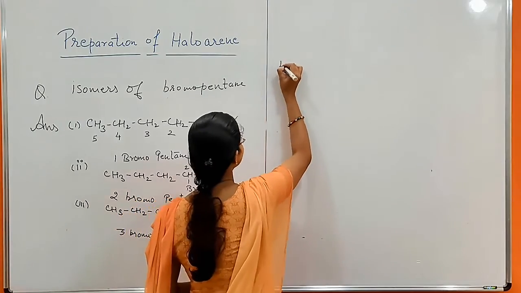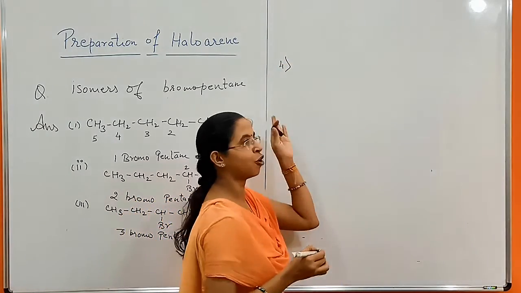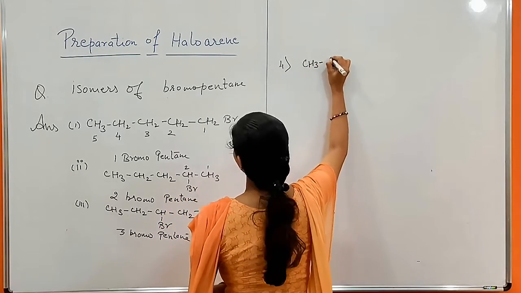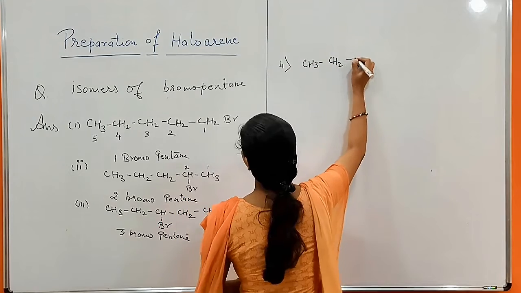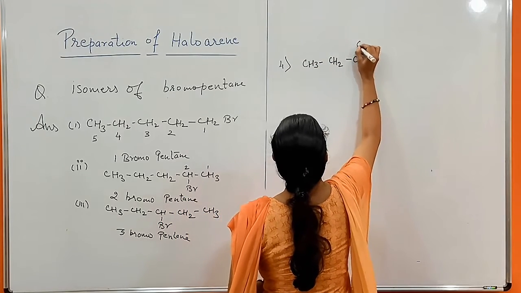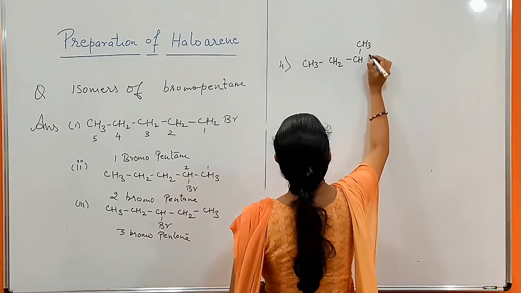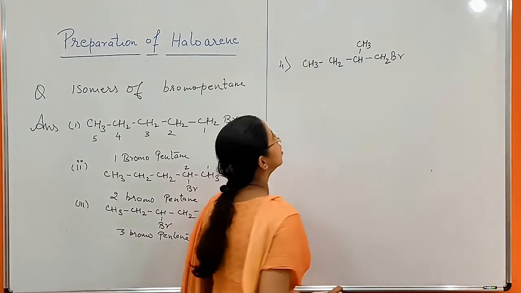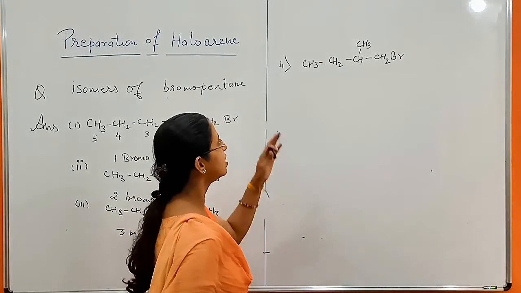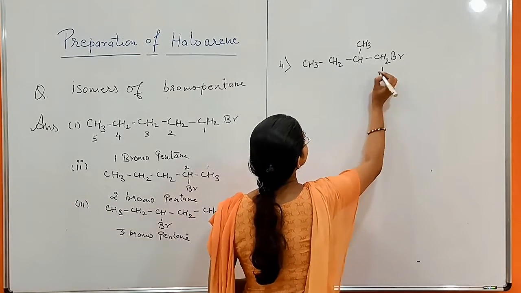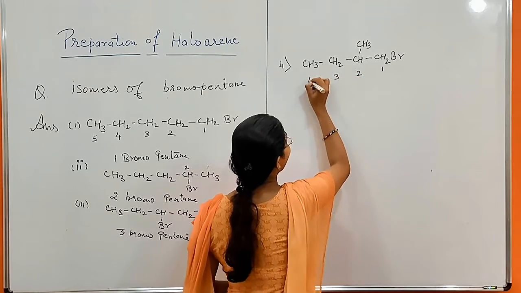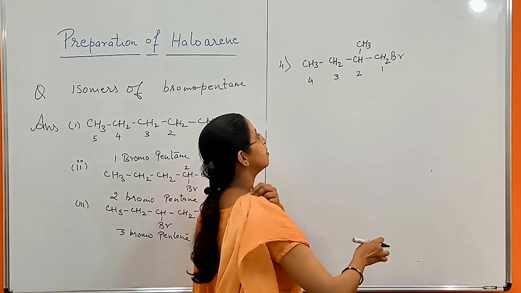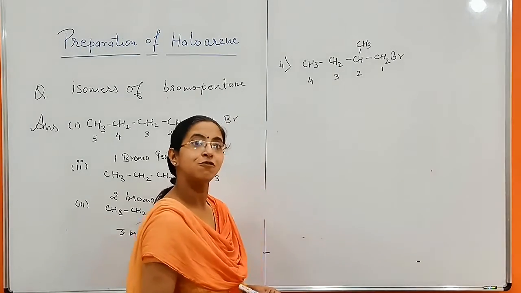Fourth one is, now we have to move from pentane to butane. So we will write this like this one. Now, what is the name of this compound? So first of all number this 1, 2, 3 and 4. Okay. So here this methyl group is at second number carbon and this bromine is at the first number carbon.